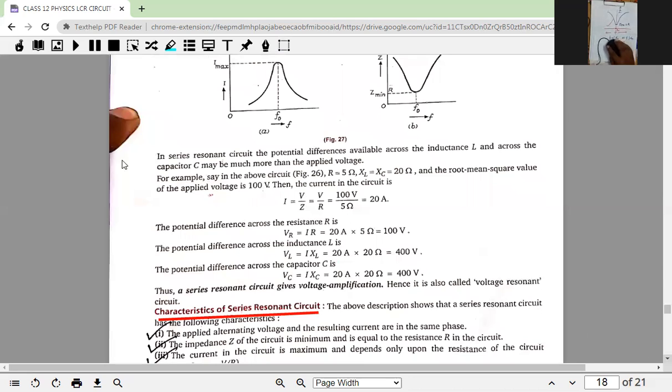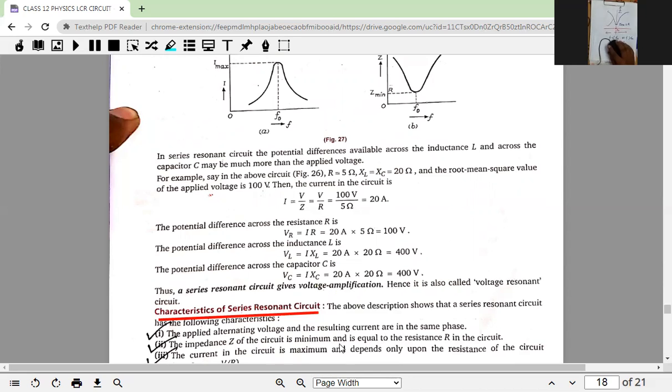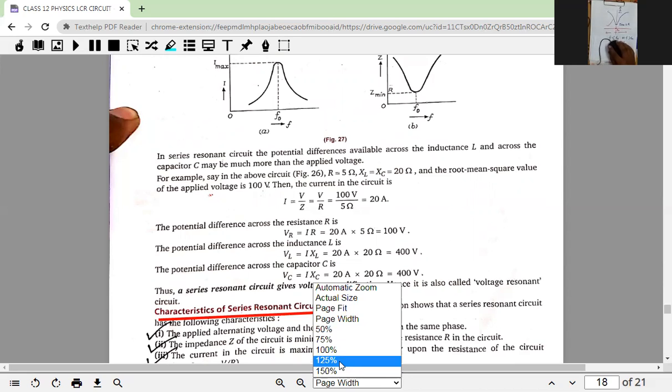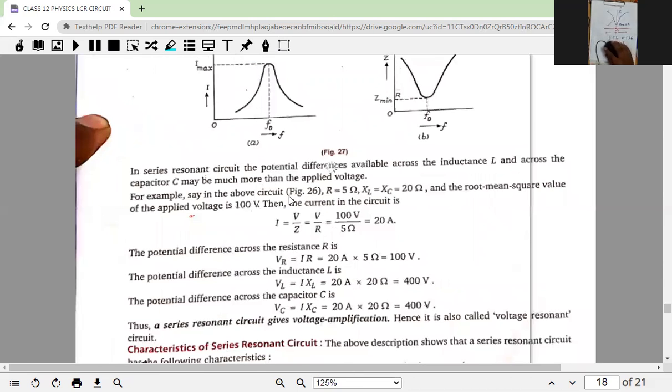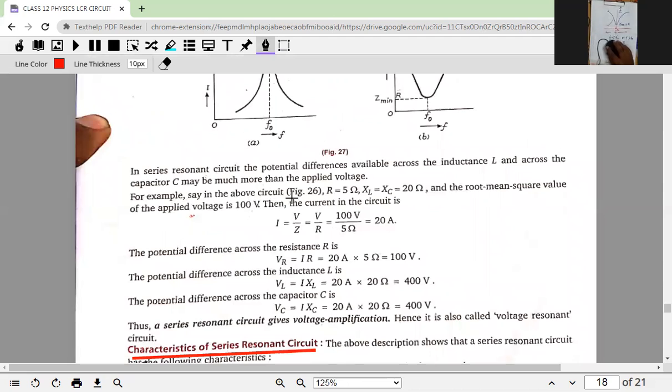Here an example is given. For example, say in the above circuit, R equals 5, XL equals XC equals 20.